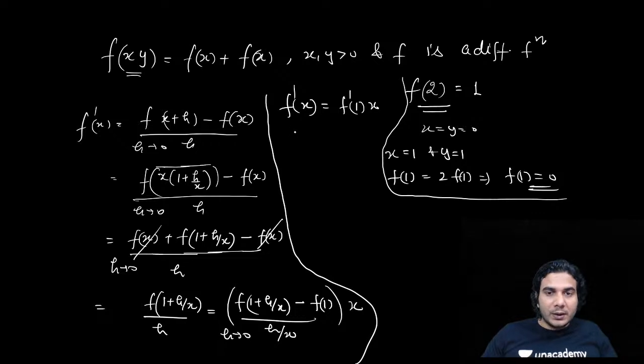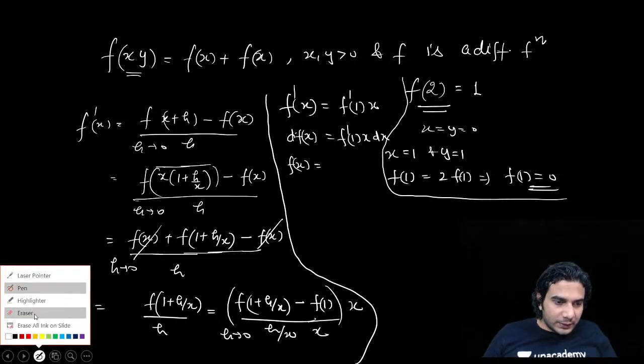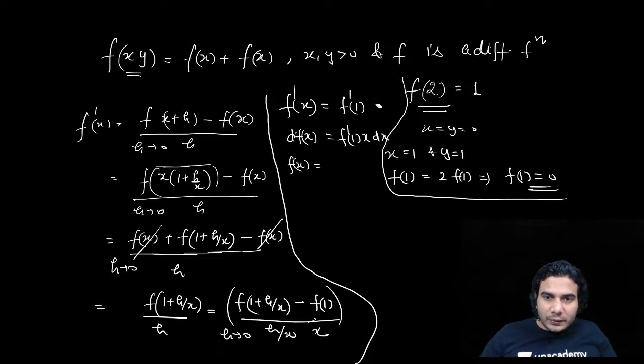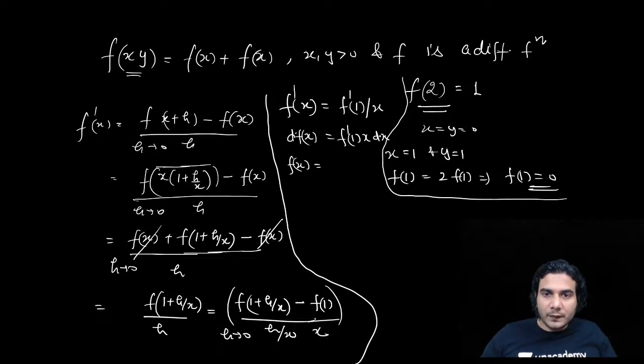Now you can integrate df(x) upon dx equals f dash of 1 into x into dx. Oh, I'm sorry, this x will be in the denominator, not in the numerator. This was a mistake. So x here will be 1 upon x. So it is dx upon x, basically.